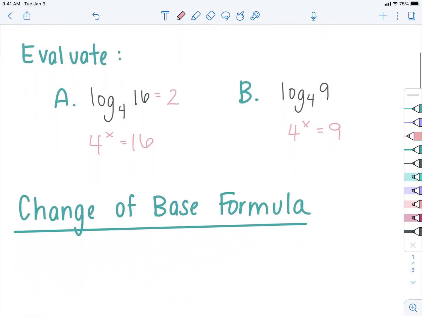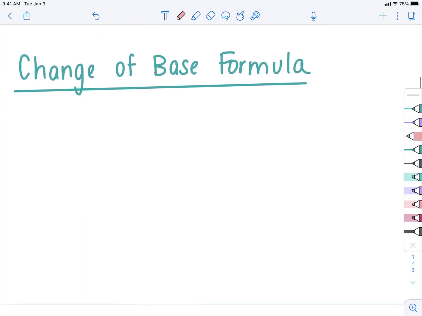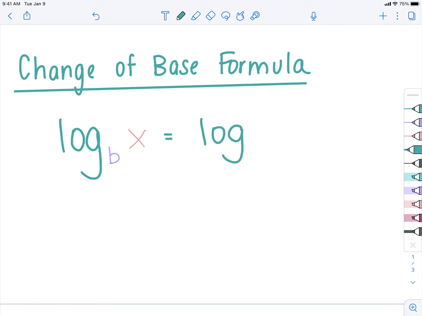So the change of base formula tells us that if we have log base b of x, and we want to type it into our calculator, it's the same thing as saying log of x divided by log of b, where we no longer have a base for the log.